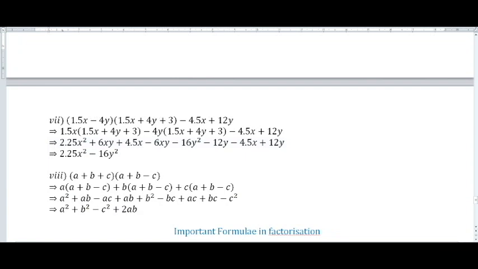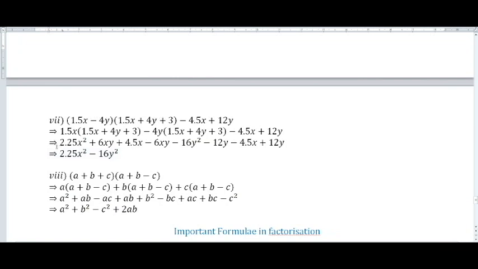Then minus 4 into 1.5 is 6. Y and x will multiply, it will be xy. Then minus into plus is minus. 4 fours are 16. Y into y is y square. Okay. Then minus into plus is minus again. 4 into 3 is 12. This y will be carried on with it. So minus 4.5x plus 12y, will write it as it is.